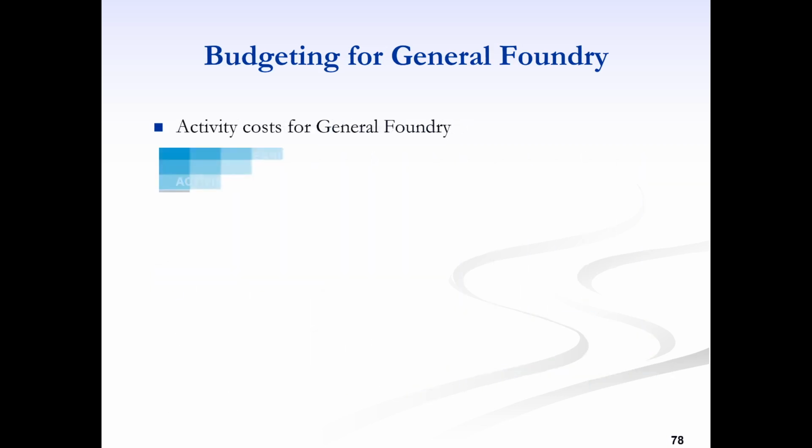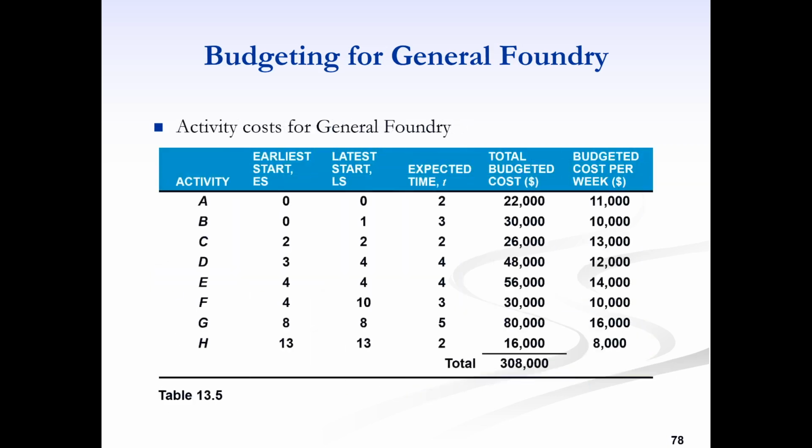Now, first of all, let's look at the budget of each activity. We have the table here which shows the earliest start and latest starts of these activities and the expected completion time of the activities. And then in the next column we have the total budgeted cost for each activity, and if we add all that, this is the total budget, which is $308,000.